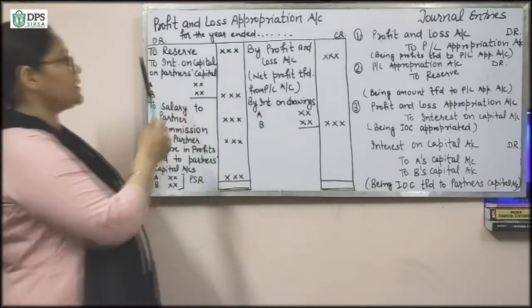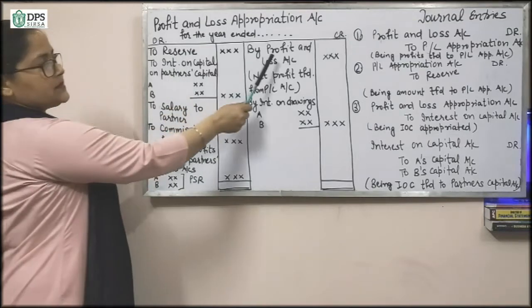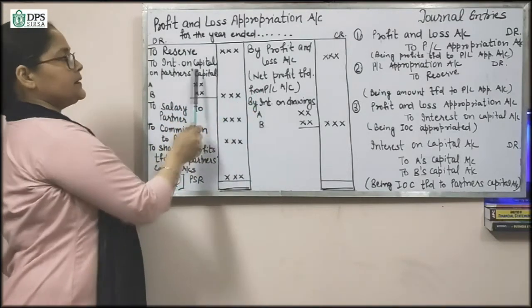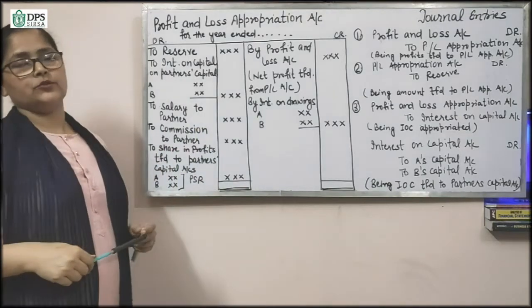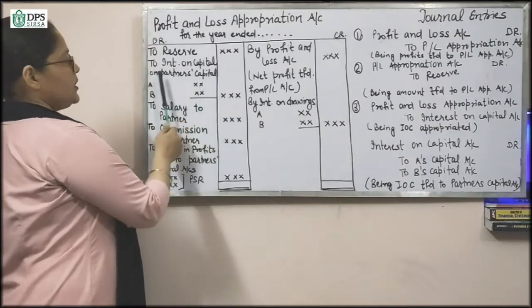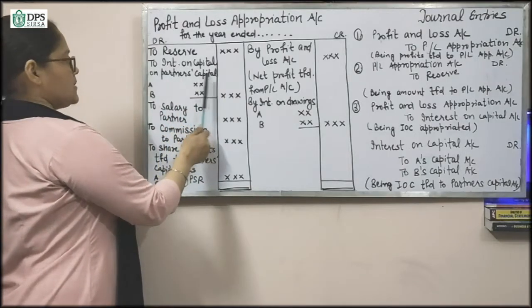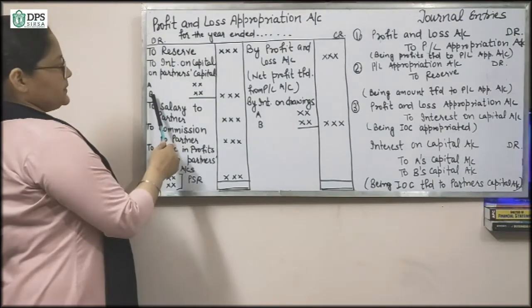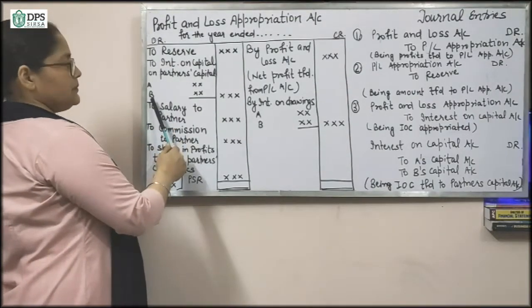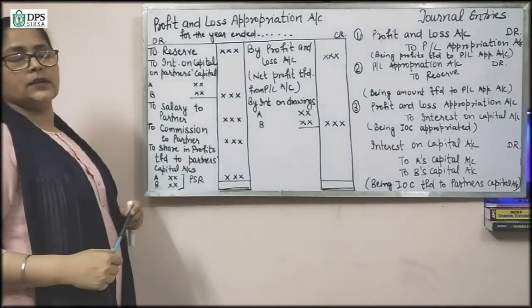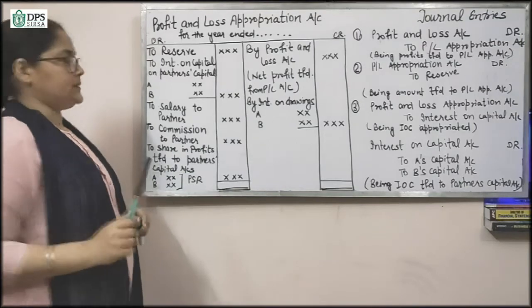Next, reserves will be deducted from this profit. Interest on capital will be deducted because we are paying it to partners. To interest on capital on partners' capital account. So if A and B are partners, we will give them interest on capital and we will write here. Interest on capital you have already done.